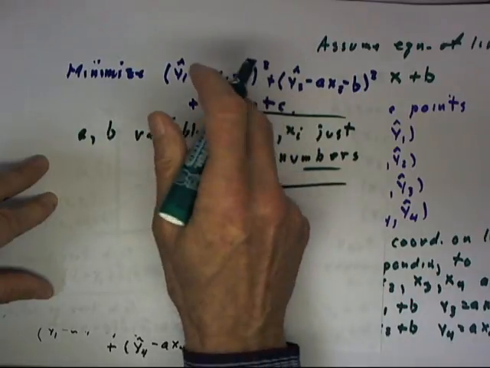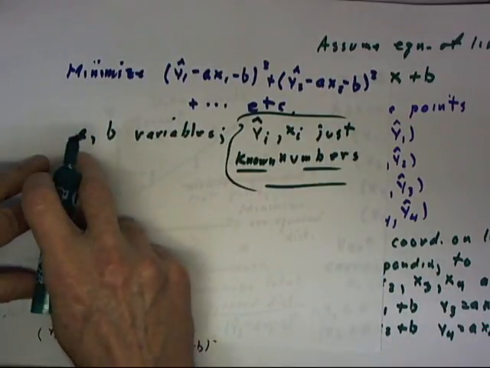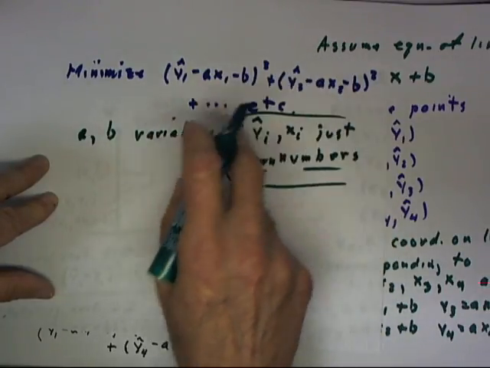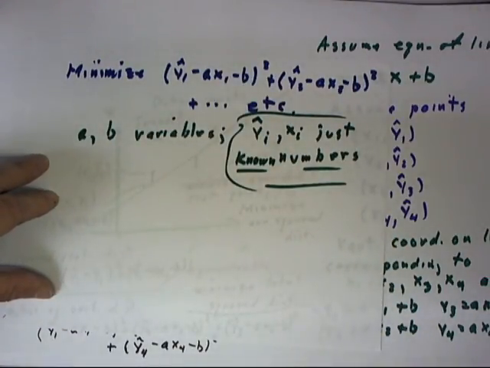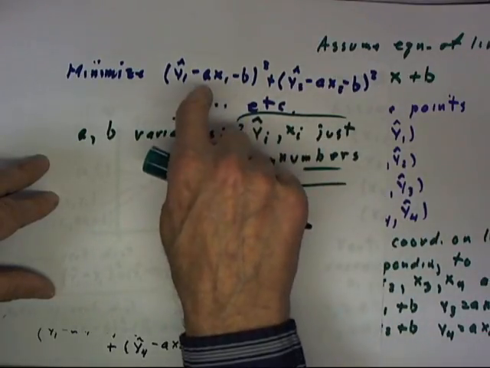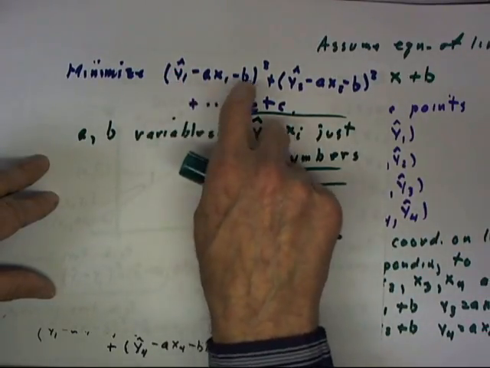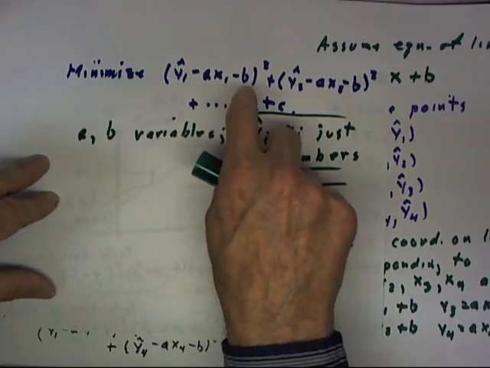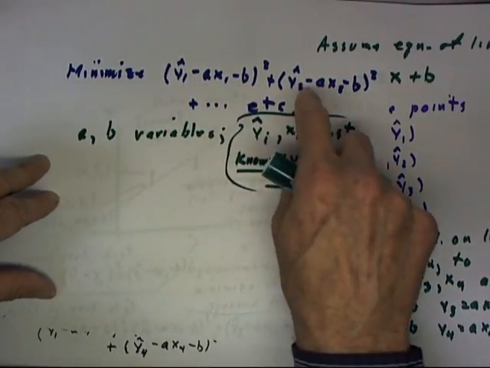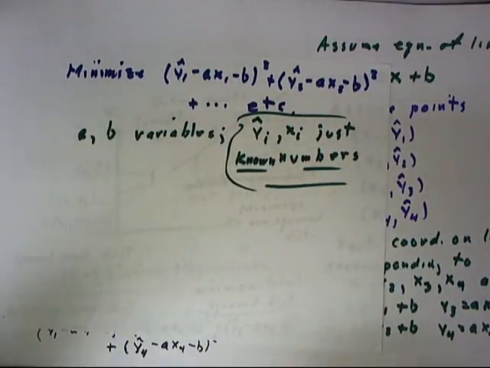So if we want to take a derivative of this expression with respect to a or with respect to b, that's actually fairly easy to do. Each term has the same form, so if we just figure out the derivative of this term with respect to a and with respect to b, we're going to be able to imitate the form of that derivative for all the other terms.